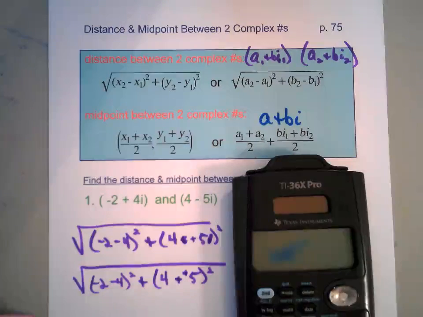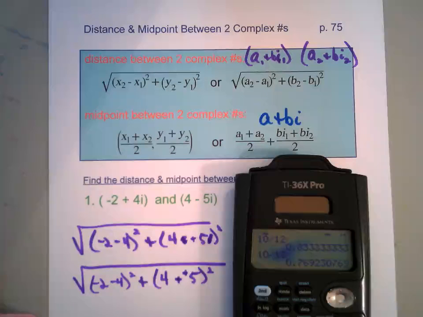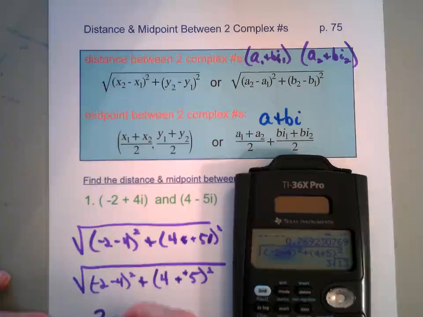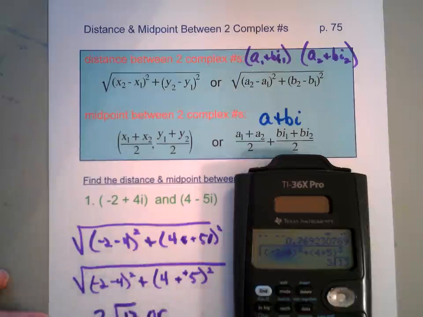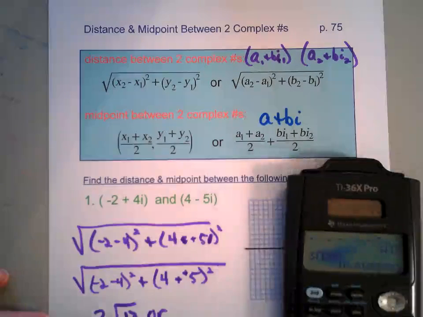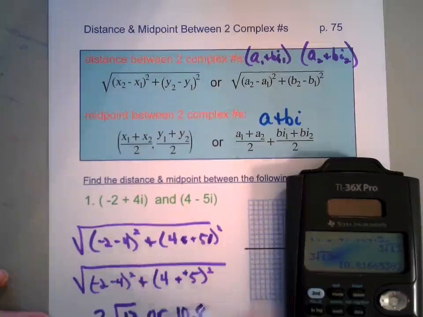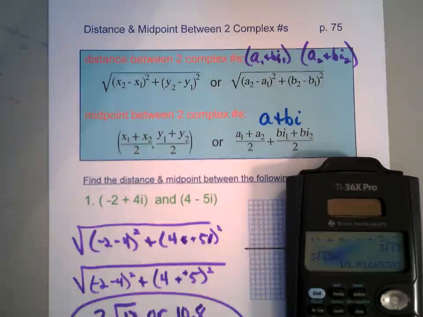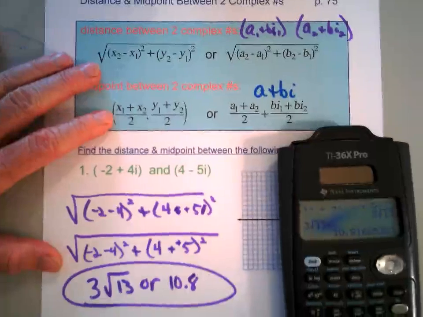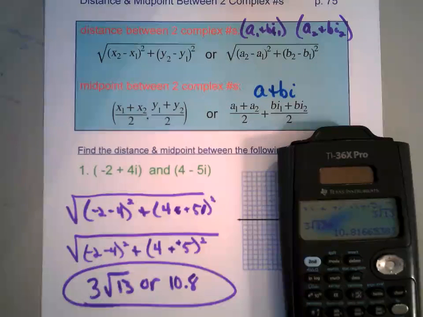Square root, parentheses, negative 2 minus 4 squared, plus 4 plus 5 squared, and you get 3 square roots of 13, or 10.8. There's the final product. So that's the distance.